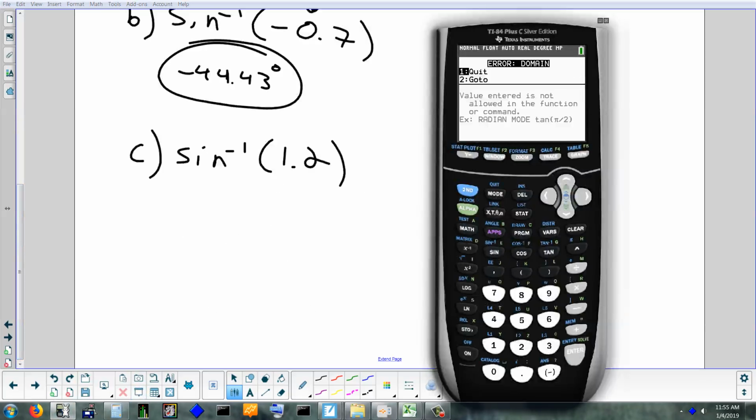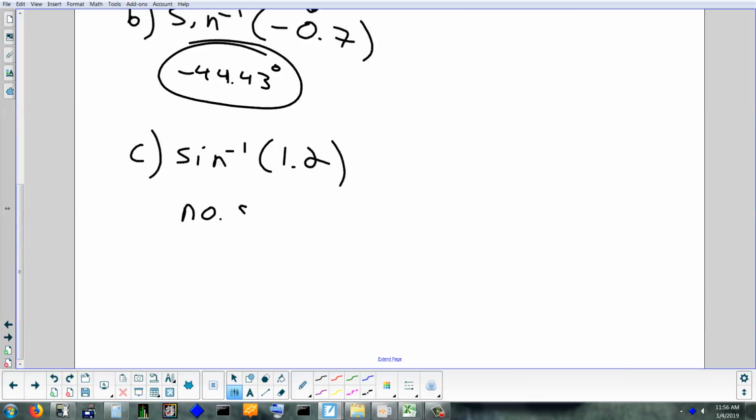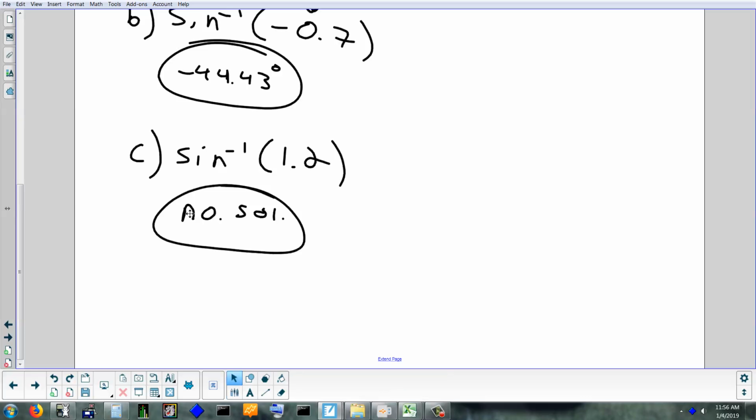So for this one, you'd write no solution, undefined. And you can do inverse cosine and tangent the same way. And just remember that there's also domains for those you have to pay attention to. Not so much inverse tangent. Inverse tangent, the domain is all real numbers. So. Okay, any questions on that?